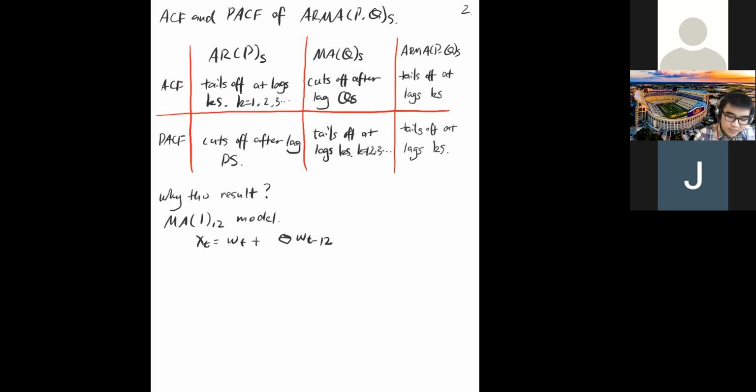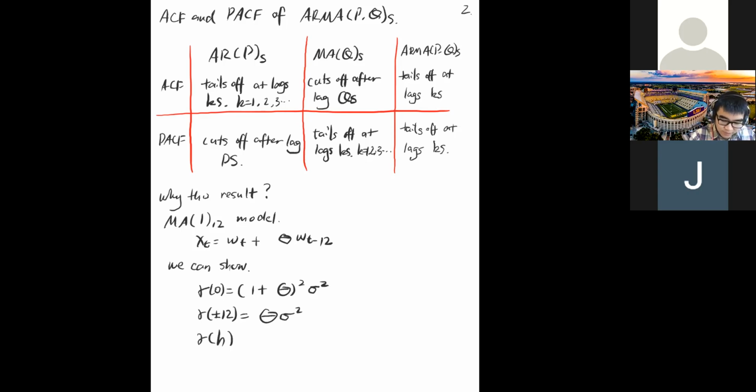We can show that the autocovariance at lag 0 is equal to this, and the autocovariance when the lag is equal to negative or plus 12 is equal to this. The autocovariance of all other lags is equal to 0. That's why we see that for an MA112 model, the ACF cuts off at lag number 12.